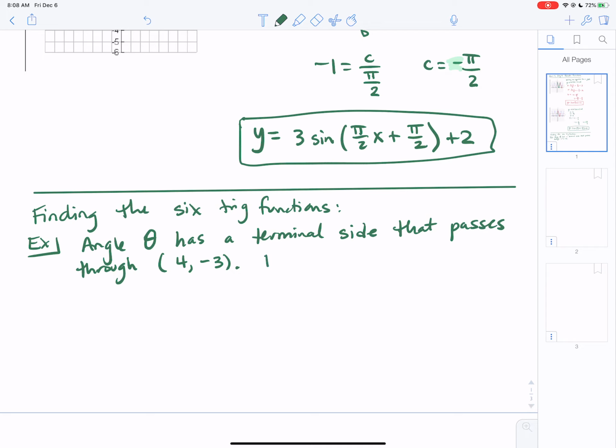And then you'll be told find the 6 trig functions for theta.